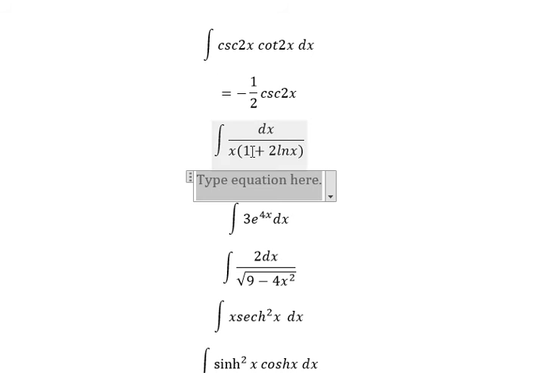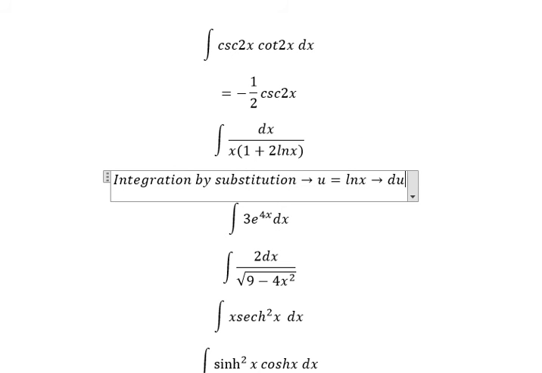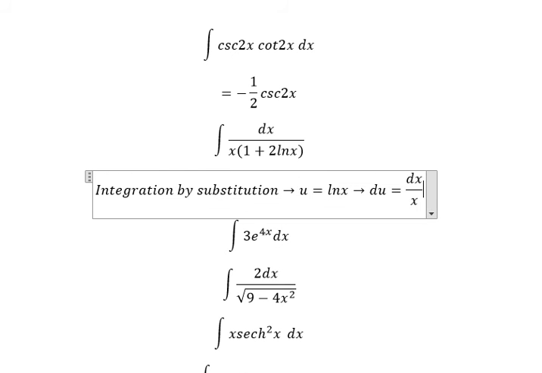Now let's go to the next one. We can use integration by substitution. So we let u equal to ln s, du is 1 over s, because we take the first derivative of ln s.